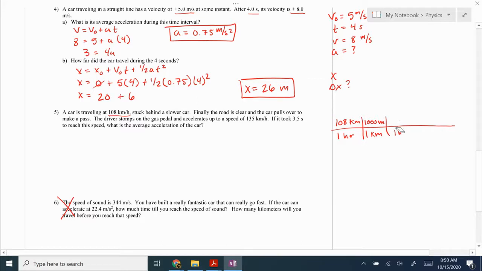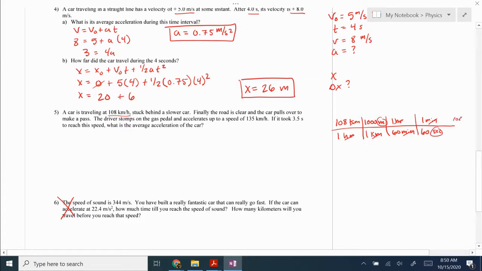Oops, nope, that's not where it goes. It goes on the top so that it cancels. 1 hour is equal to 60 minutes, and 1 minute is equal to 60 seconds. That way the hours cancel, kilometers cancel with that, giving us meters on the top and seconds on the bottom.